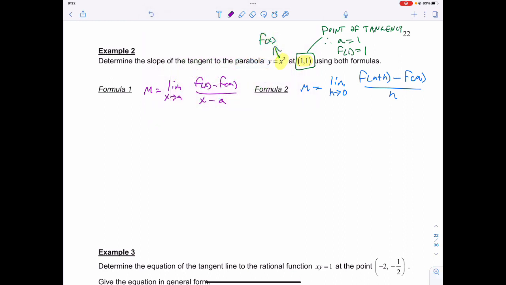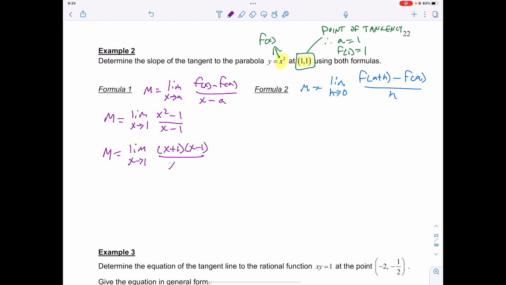Let's use our first formula. In the first formula, we would say that the slope is equal to the limit as x approaches my a value of 1, where f of x, which we know is x squared, minus f of a, which we know is 1, is being divided by x minus a, or x minus 1. We're going to simplify it. My slope is the limit as x approaches 1 of, we factor the numerator, difference of squares is going to give me x plus 1, x minus 1.